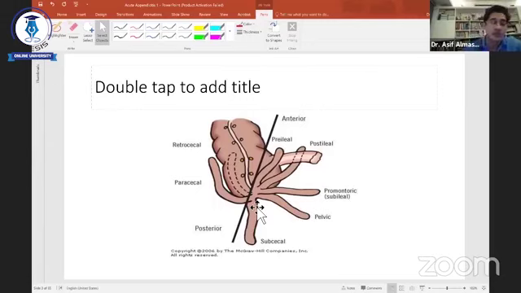Sometimes you even have to mobilize the cecum. So this all depends on the position of the appendix. Commonly the appendix is found in the retrocecal position. This is common. The pelvic is the second most common, and then the others come.